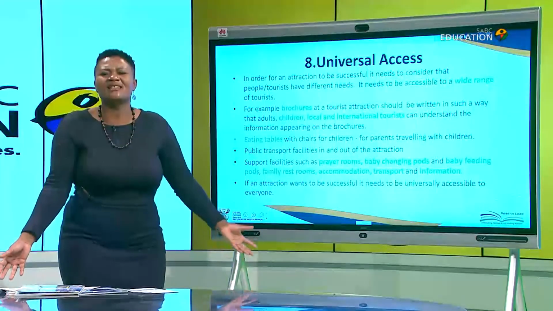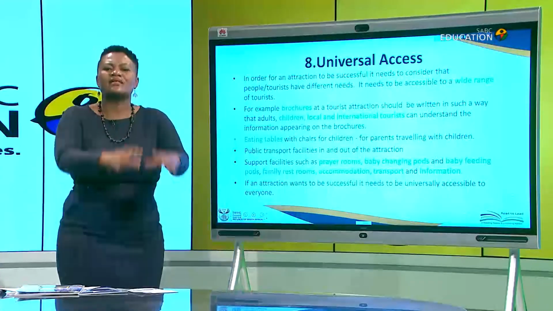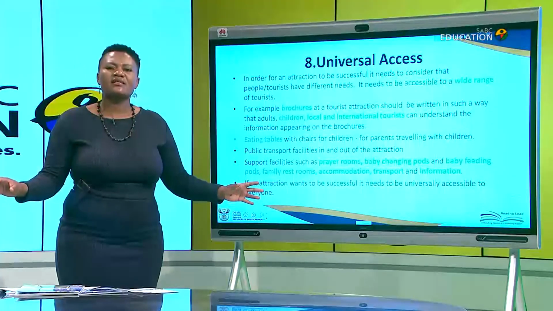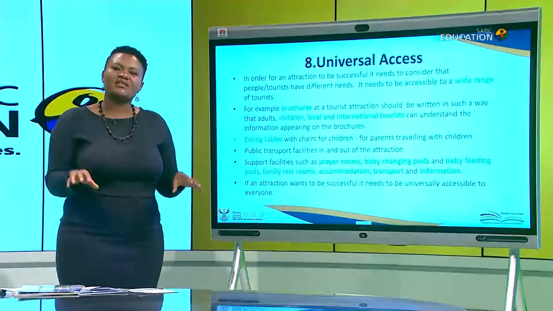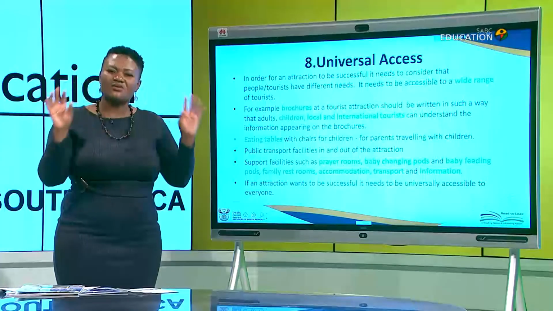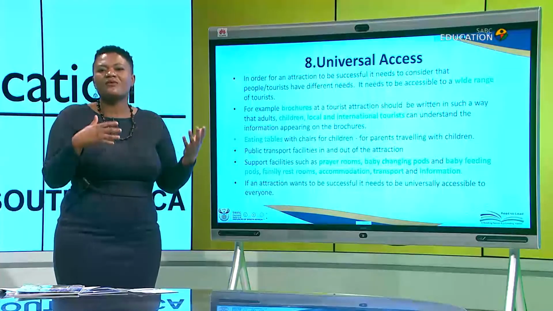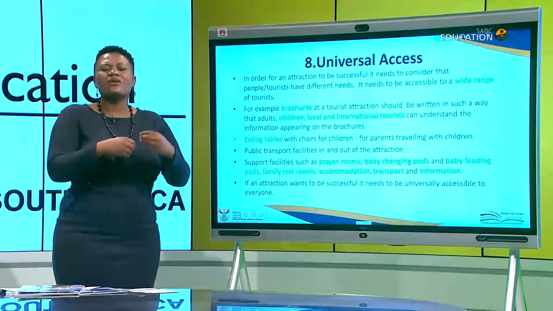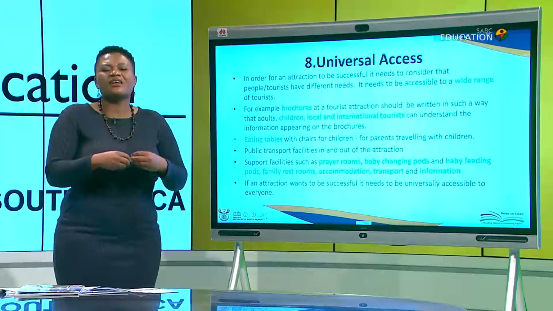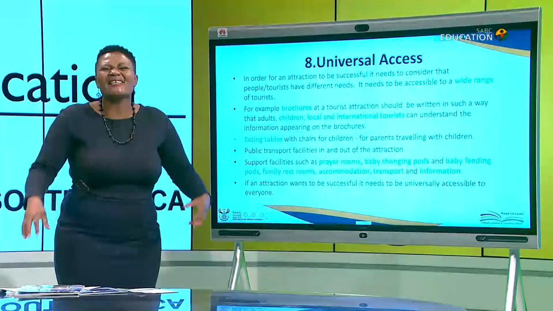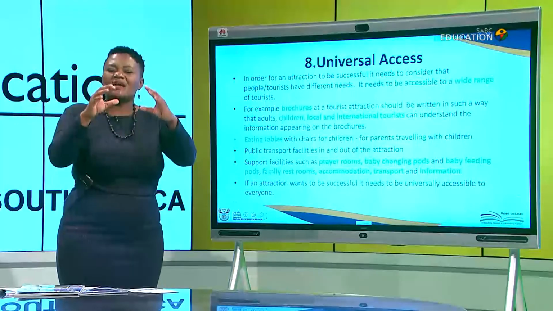Universal access considers the people living with disabilities. It considers the senior citizens. It considers the families that are traveling with their children. It considers different types of people with different beliefs from different social backgrounds. So when we talk about universal accessibility, we are ensuring that our attraction is accessible to everyone, be it that the person has a disability.